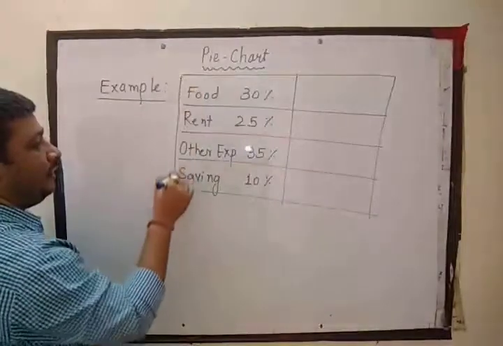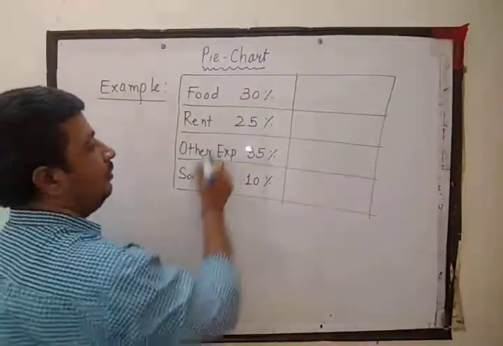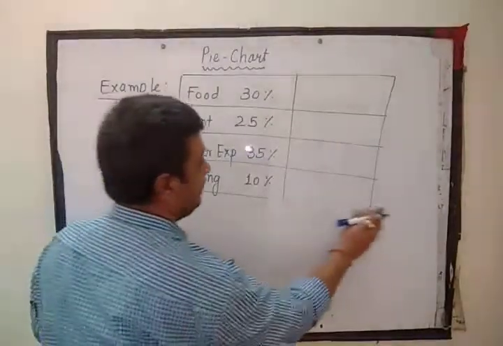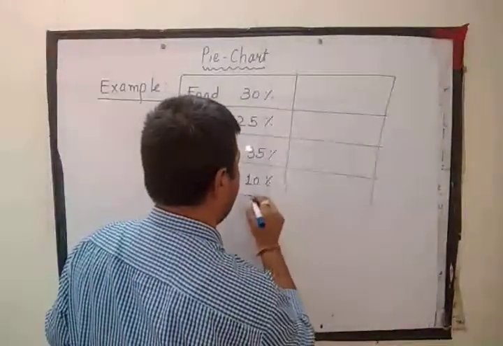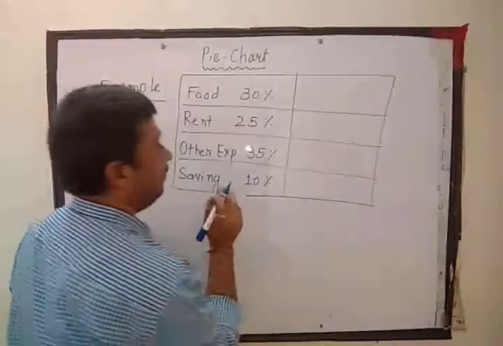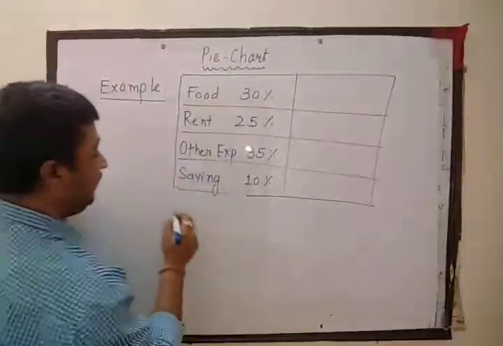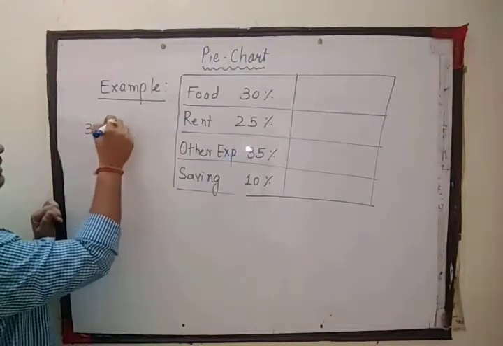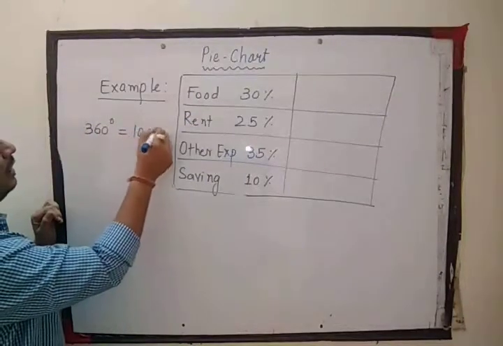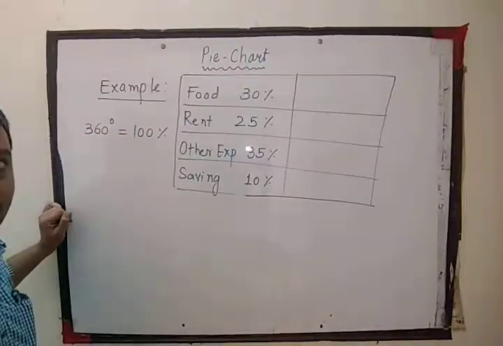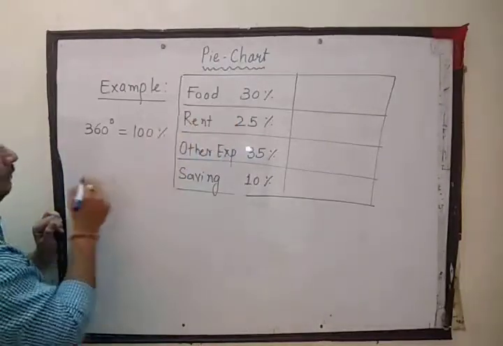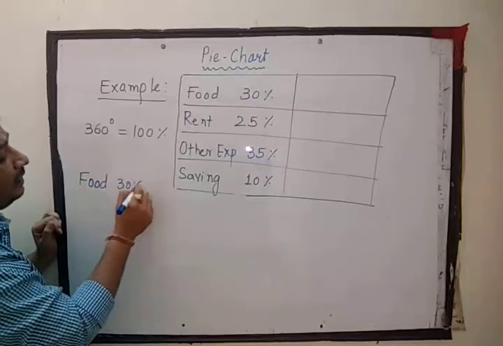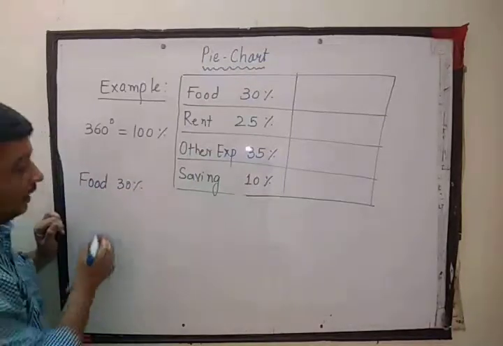So this is the given data. First of all we will try to convert this. So food is 30%, which means 360 degrees is equivalent to a total of 100%. Now if you have expense 30% on food, that 30% is out of 100.